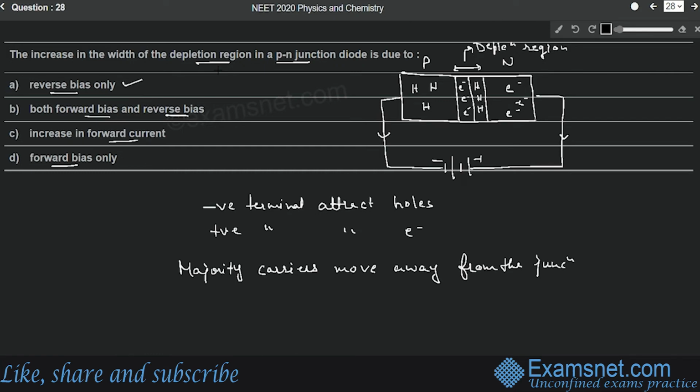So when these will move away from the junction, then the width of this depletion layer will increase, right? So due to this, the width of depletion region will increase. Okay. Therefore, option A will be the correct answer.